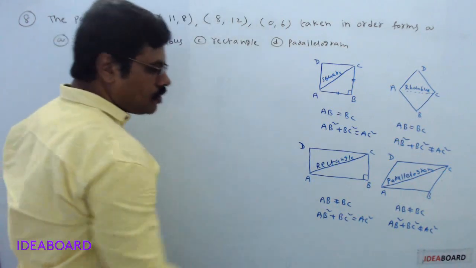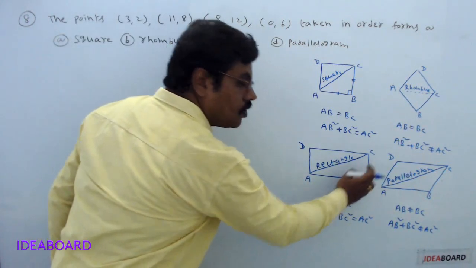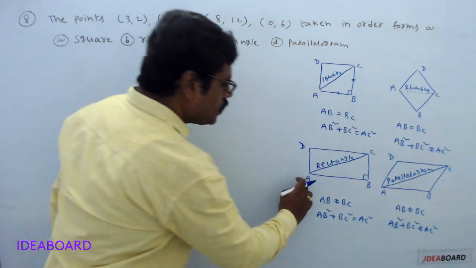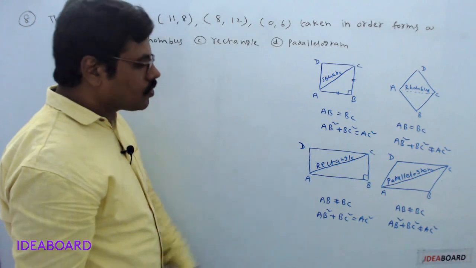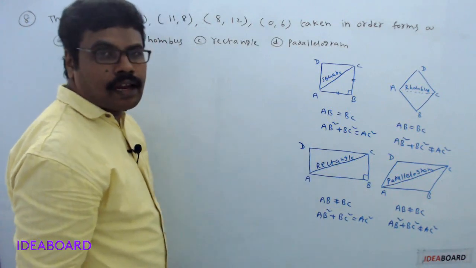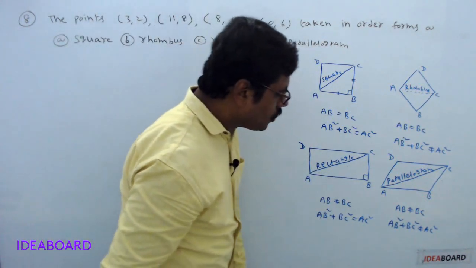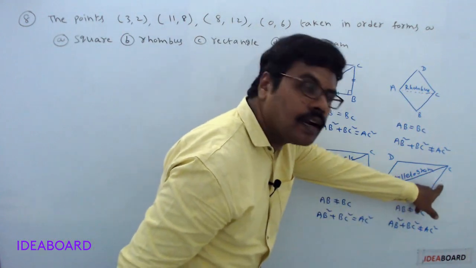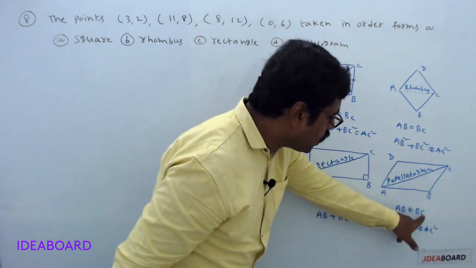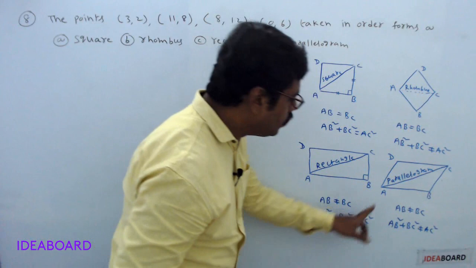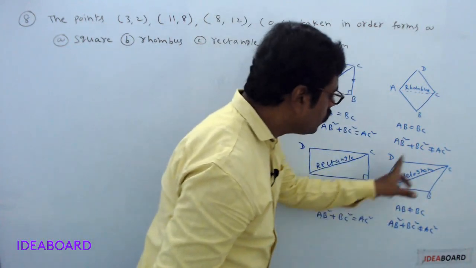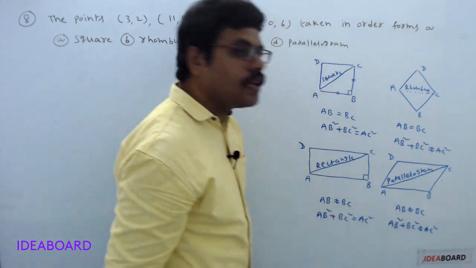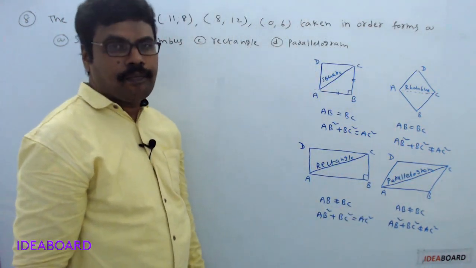Then come to another one. AB is not equal to BC and AB square plus BC square equals AC square, then the quadrilateral is a rectangle. Then last one, parallelogram, adjacent sides are different. If AB is not equal to BC and AB square plus BC square is not equal to AC square, then the quadrilateral is a parallelogram.